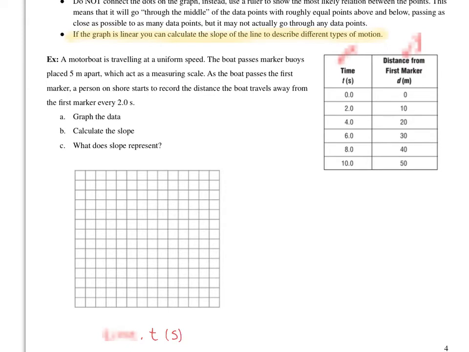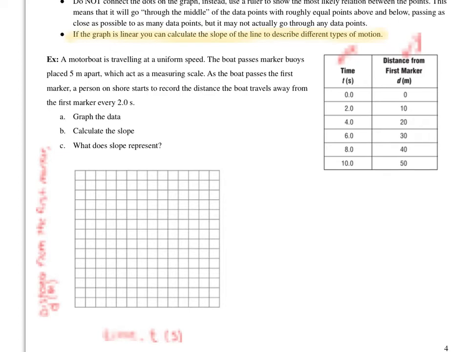Then along the y, I'm going to write distance from the first marker, and that's d, the symbol, and it's measured currently in meters. Okay, then in our graph, we need to input the scale.